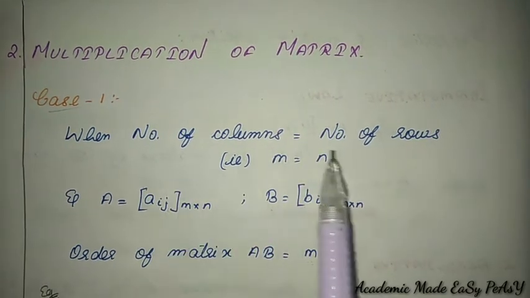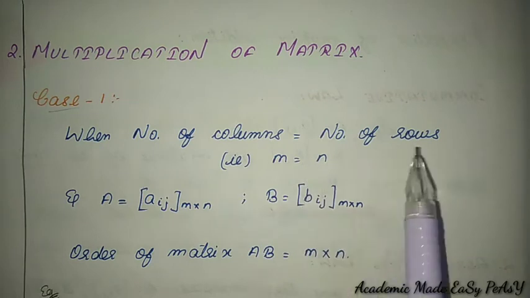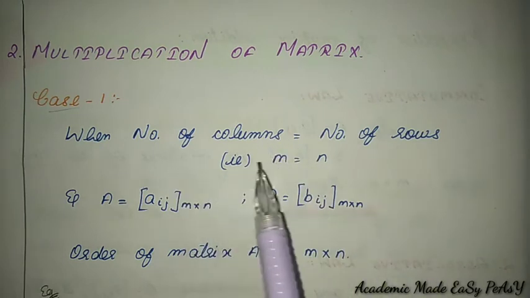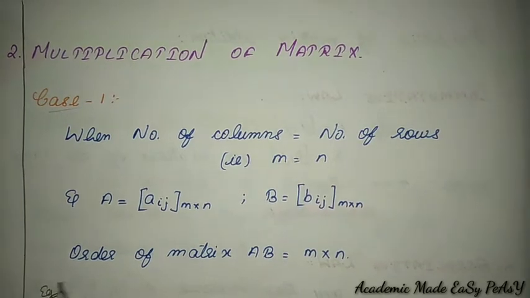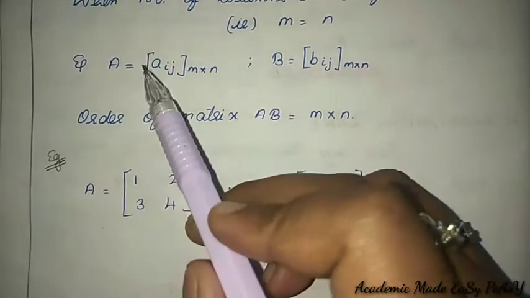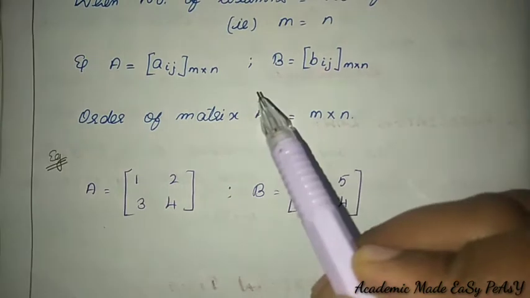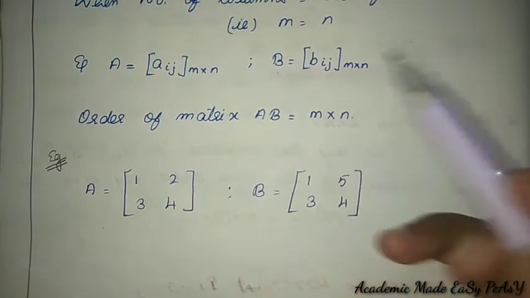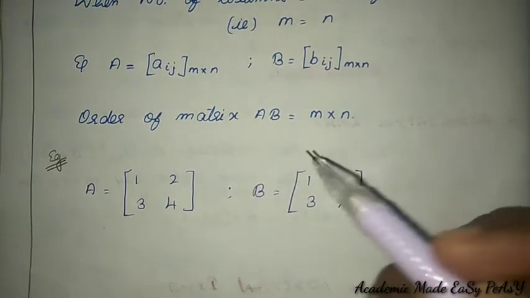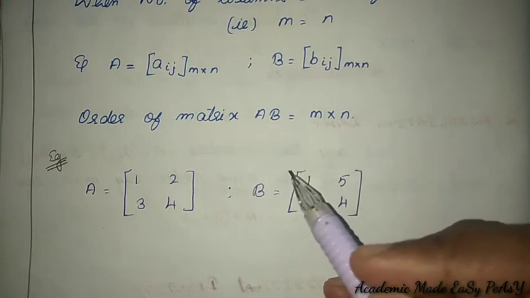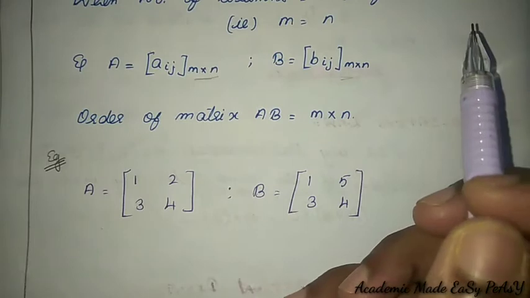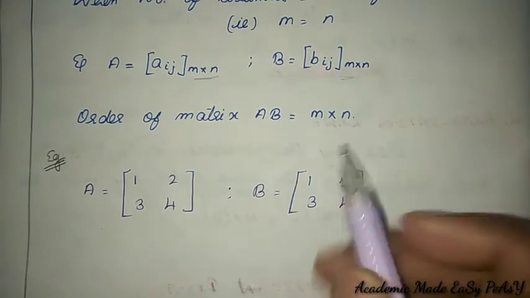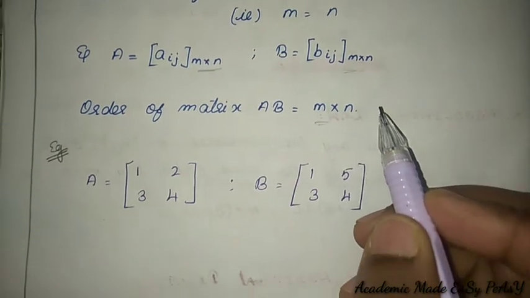This multiplication will be done only when both are square matrices. So when A matrix is of some order M by N and B also M by N, then the order of the product matrix also will be M by N only. So when the order of the two matrices is equal, then we get the same order of matrix.